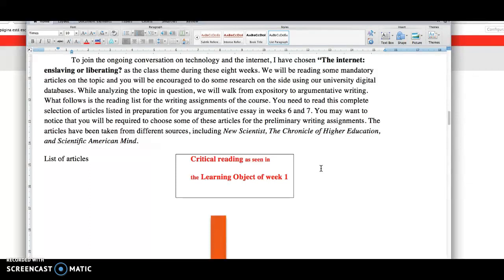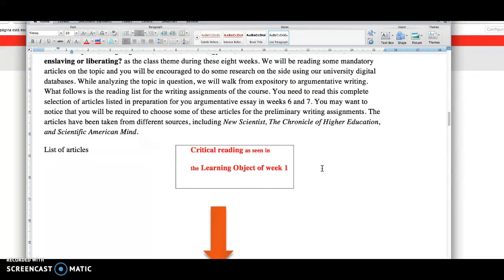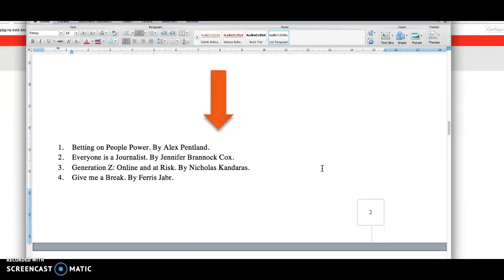So that's why it's so important that when we do the reading of the article, we do the critical reading and then we annotate the text. If you read, for example, Everyone's a Journalist by Jennifer Branagh Cox, which is the second article, it is an article about using Twitter as a way to present news in real time.